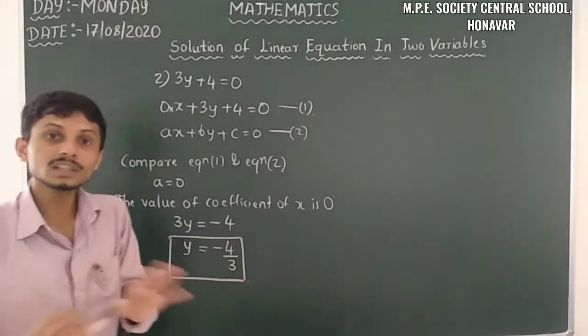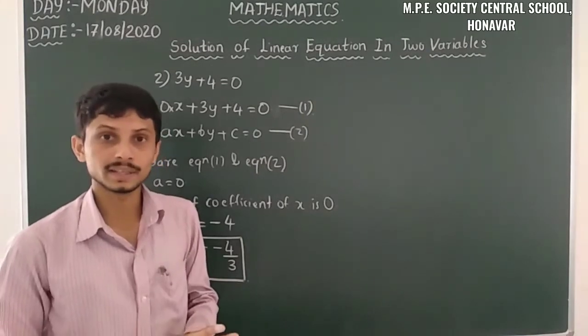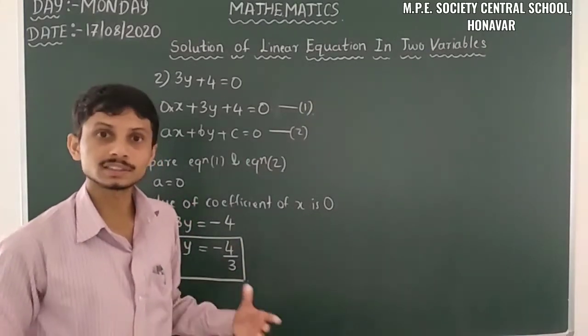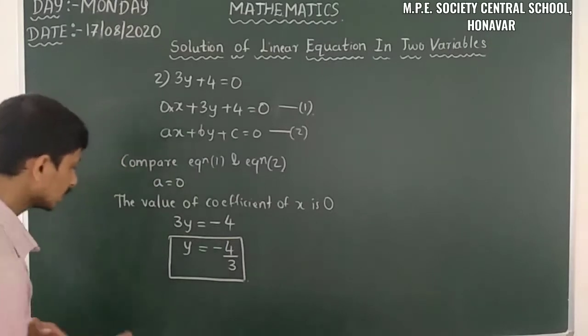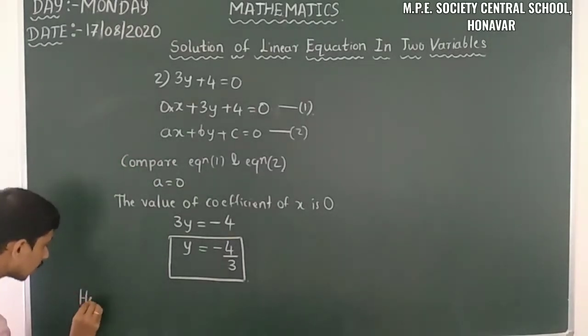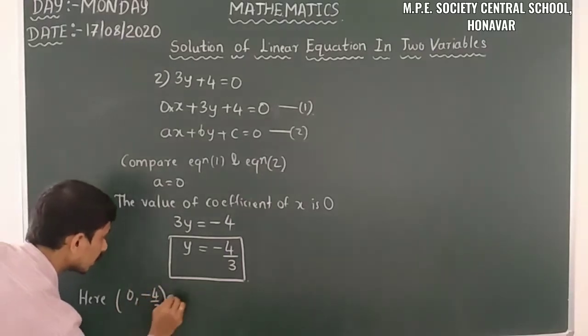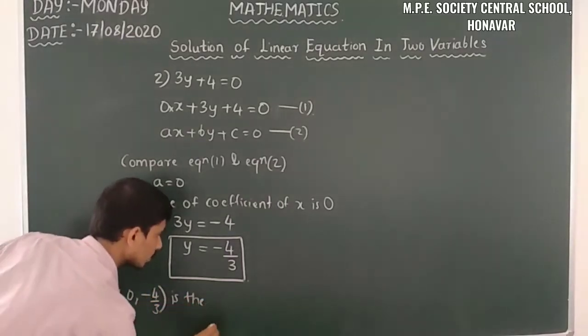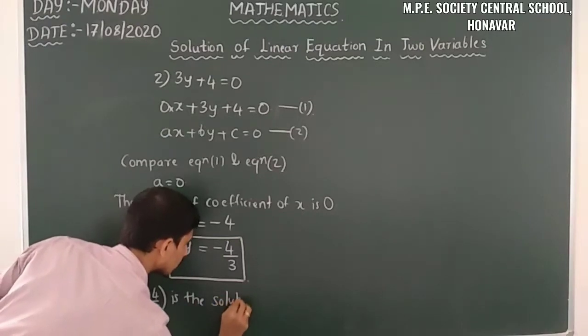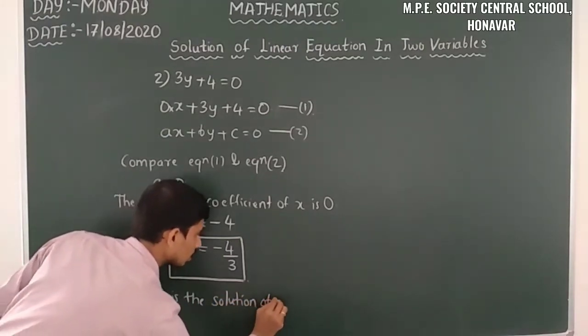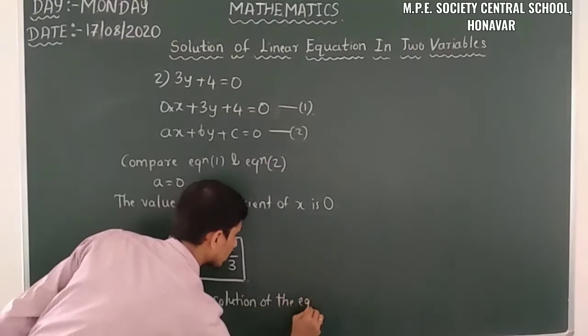So here there is no chance of other coordinates. Here it is only one solution. It has only a unique solution. That means 0 comma minus 4 by 3 is the solution of the equation.